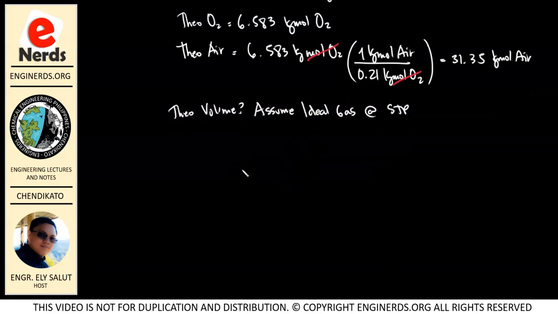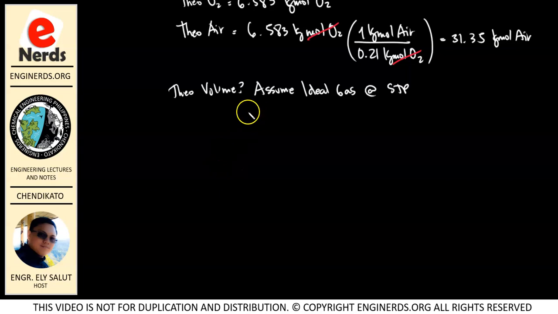So if we have an ideal gas, we're going to use the ideal gas equation, which is PV is equal to nRT. So we have here the number of moles ng air, no? So we need to get our molar volume, which is the volume per mole of our air. So therefore, we need to get V over n is equal to RT over P.